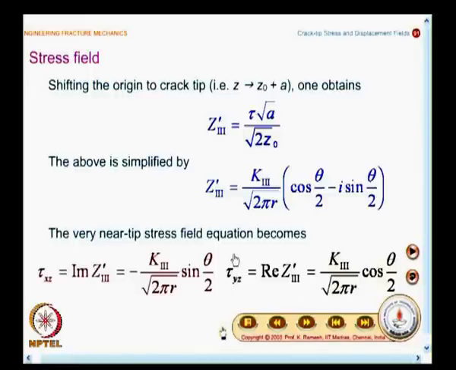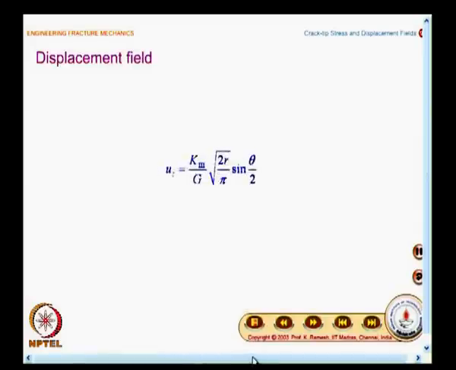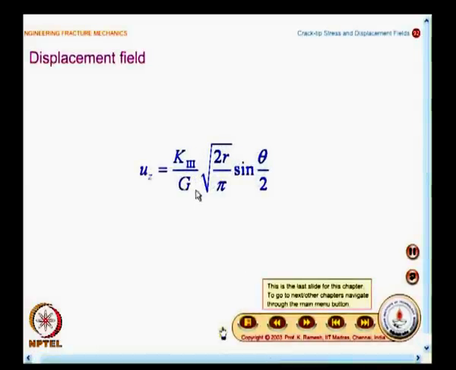And the displacement is straightforward. We already know this. We write it in terms of r and theta. So, this turns out to be u z equal to k3 by G root of 2 r by pi into sin theta by 2.